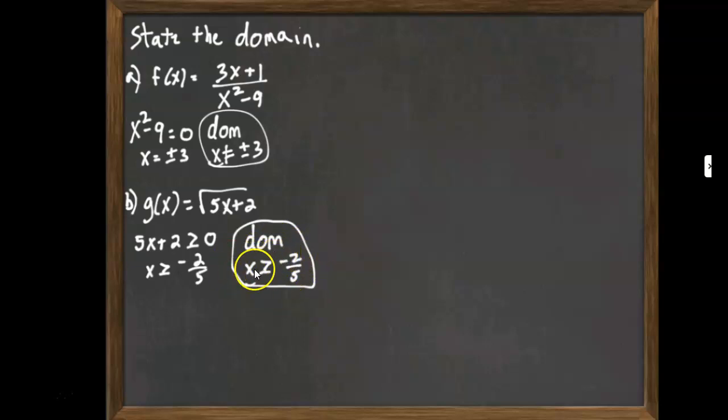If we are going to put that in interval notation, then we would come in here and say, hey, we have our number line, right? And we have to be above negative 2/5. And it's everything above and including that point.